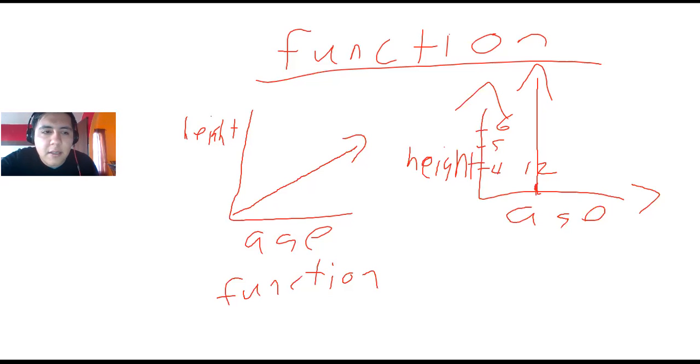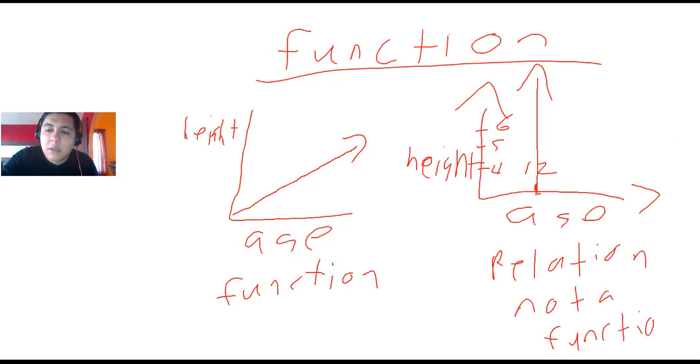We can't be different heights at the same time. So this is an example of a relation, but we would say that this is not a function. Okay, so this is review again from last year.